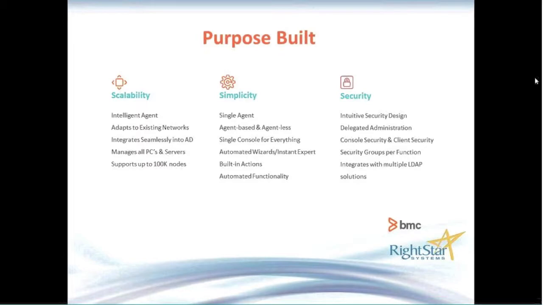Last part, security. So I've talked about how I can use that one solution to manage, let's say, all my client devices. If I'm going to do my servers, maybe it's managing those as well. But now what I want to do is, let's say I have a division on the West Coast, I have a division on the East Coast, but I'm still using one tool across both of those.